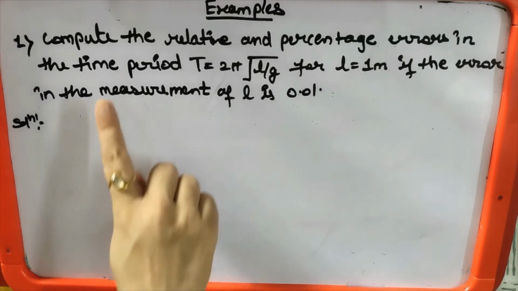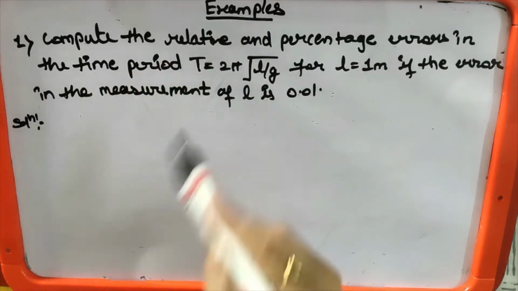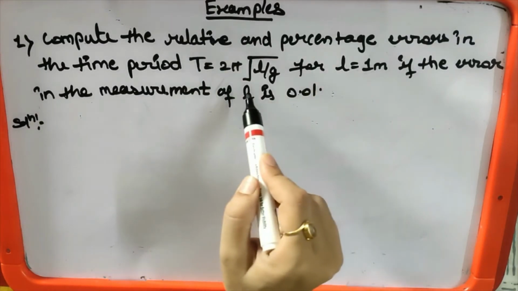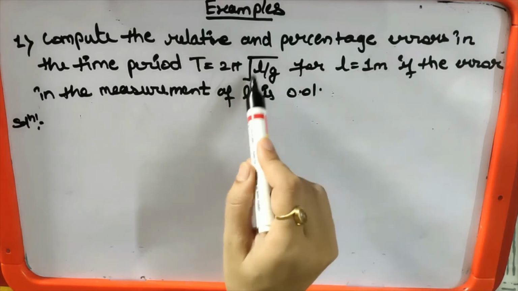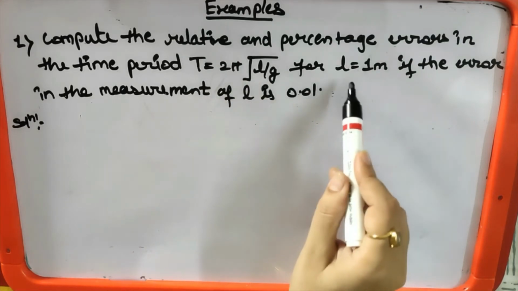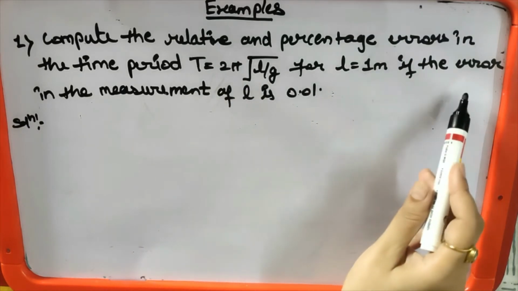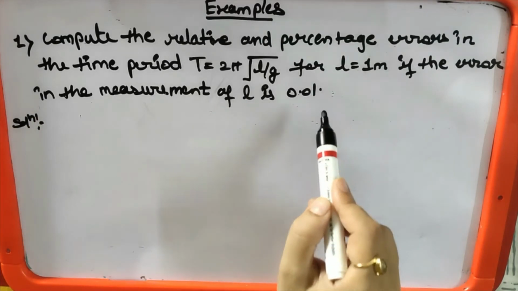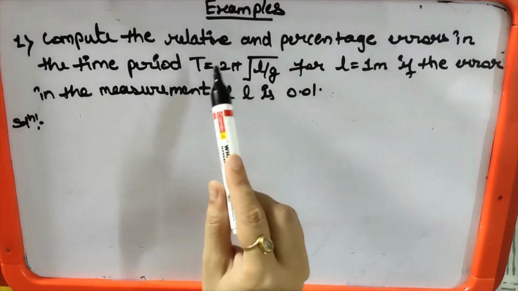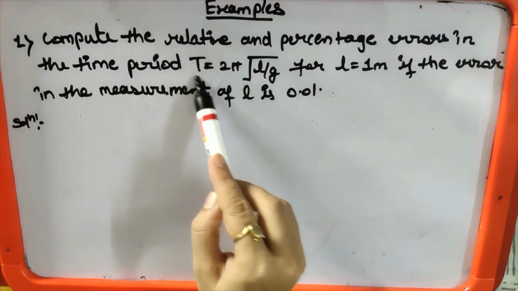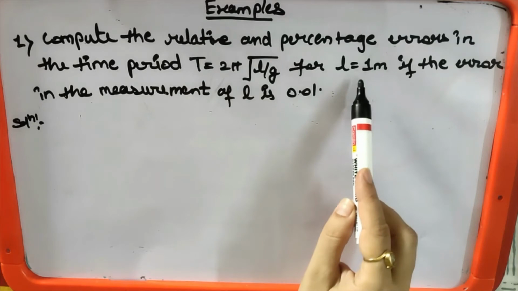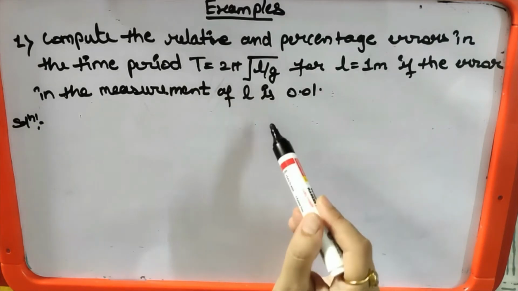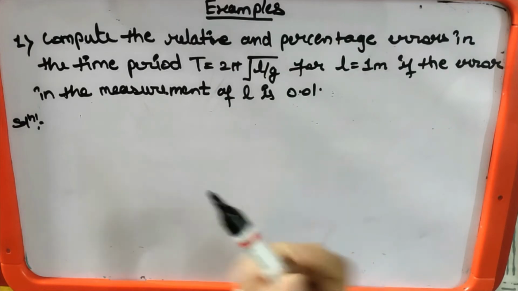First one: compute the relative error and percentage error in the time period t equals 2 pi under root L upon g for L equals 1 meter, if the error in the measurement of L is 0.01. That means you have to find the relative error and percentage error of time period t, and the value of L equals 1 meter and the error in L are given.